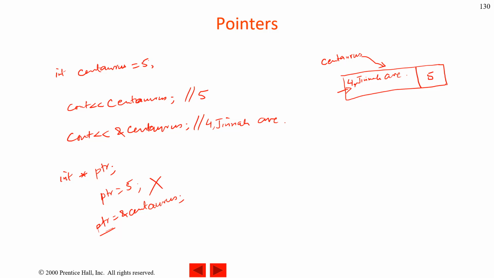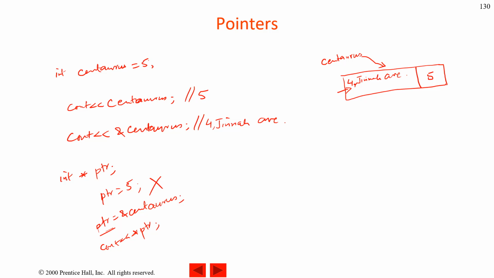So if I want to write what is the value at this address, then the name of this address that I have is PTR, I have done the assignment. If I want to see what value is stored at this address, then I can write cout asterisk of PTR. When I write cout asterisk of PTR, PTR is a pointer.